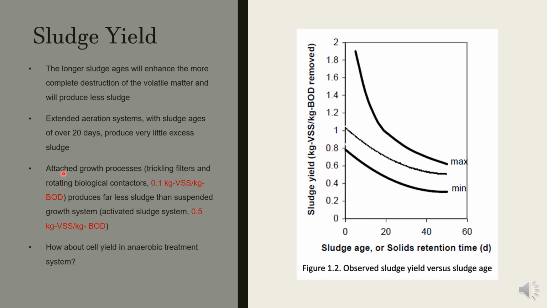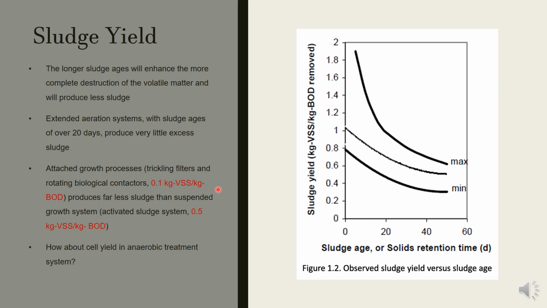In attached growth processes, the cells are attached to the media, so that's why it has a very long sludge age because it is attached to the system for a long time.